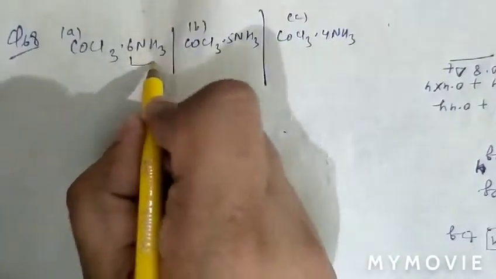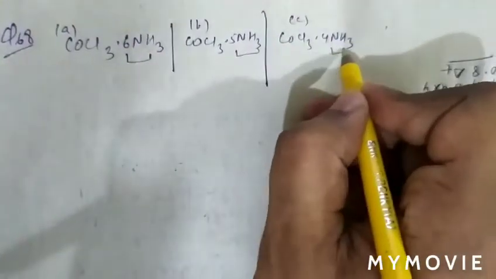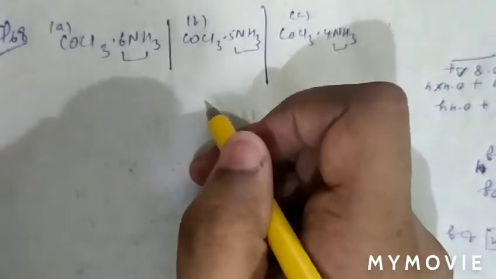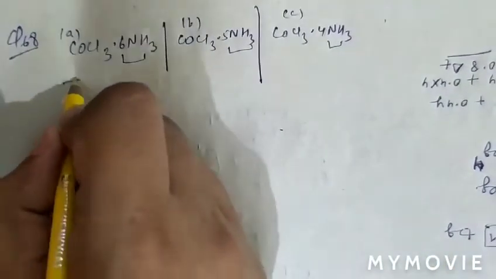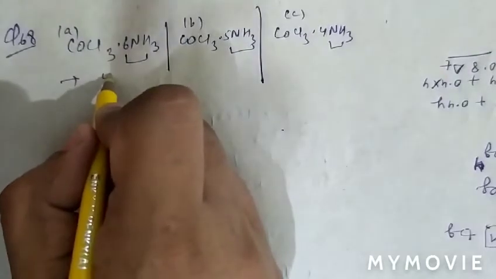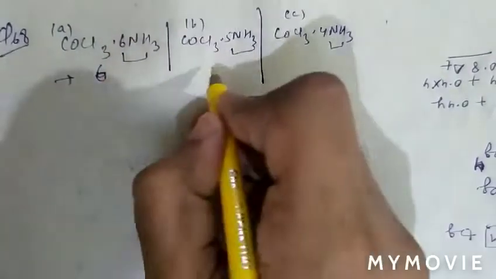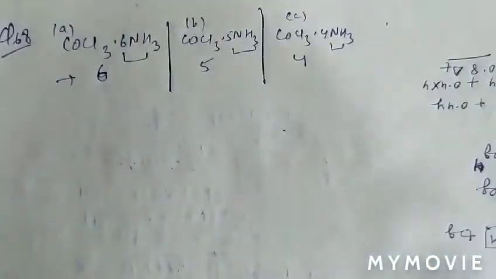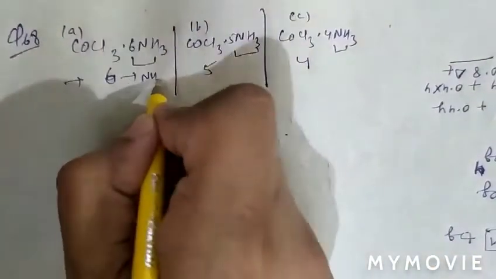As we can see, the number of ammonia ligands is decreasing. Coordinated ammonia molecules in A is 6, in B is 5, and in C is 4. So these are the coordinated ammonia molecules in these compounds.